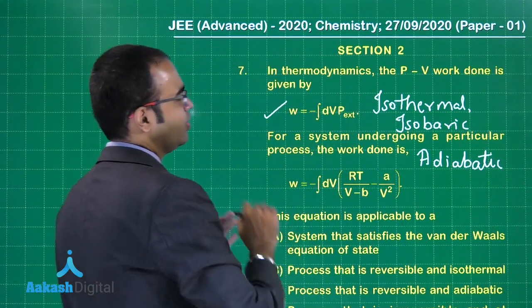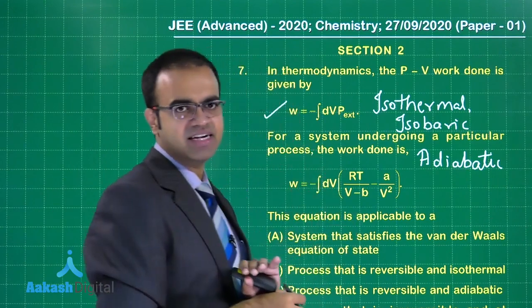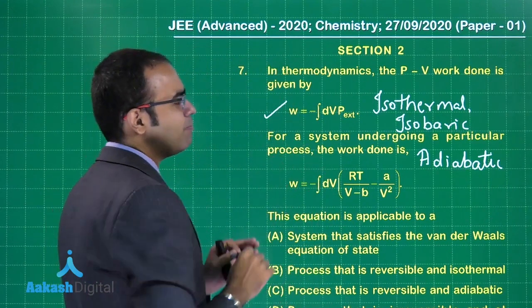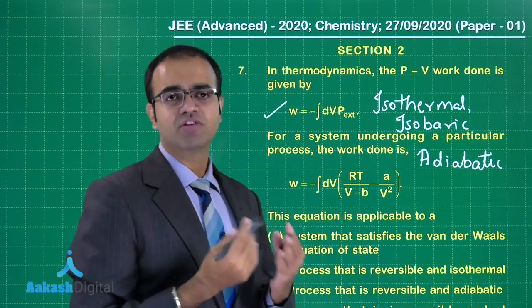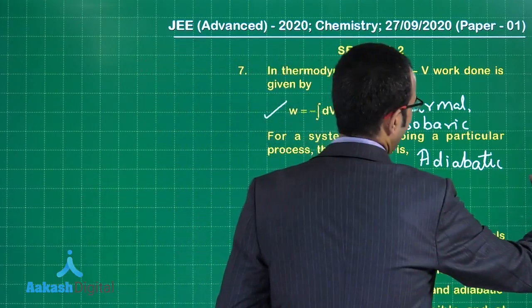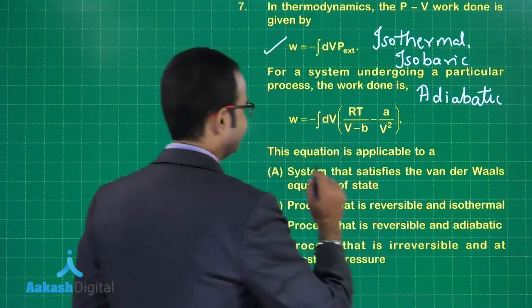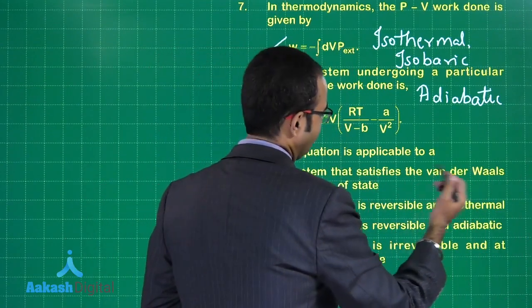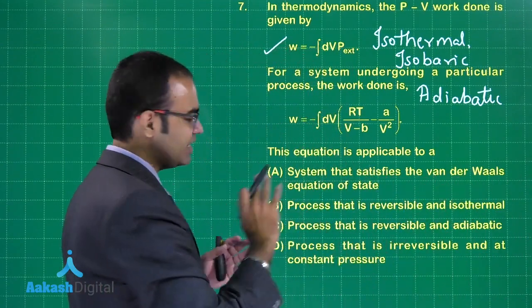So this equation is applicable under all the three conditions, okay, and this is applicable when the processes are reversible. So if I look at option A, B and C, the system that satisfies van der Waals equation, let us keep it on hold for some time.